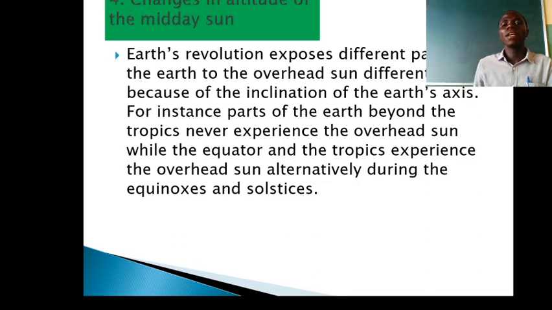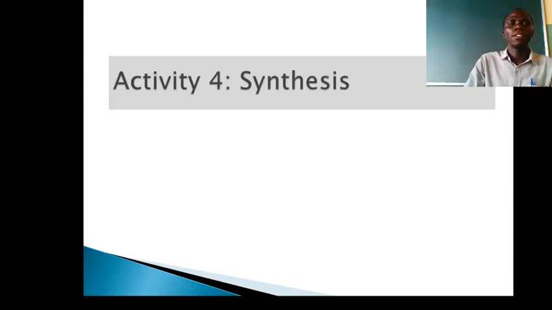The overhead sun will not be above them; it is on another side. This is how Earth's revolution contributes to changes in altitude of the midday sun.